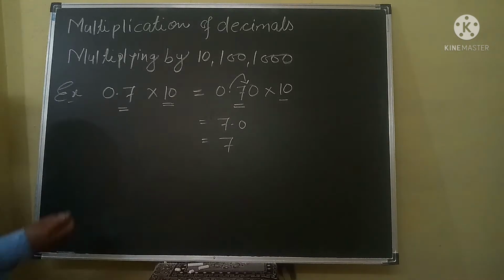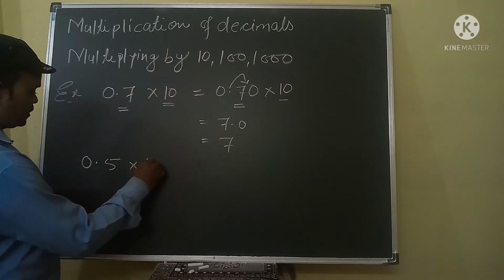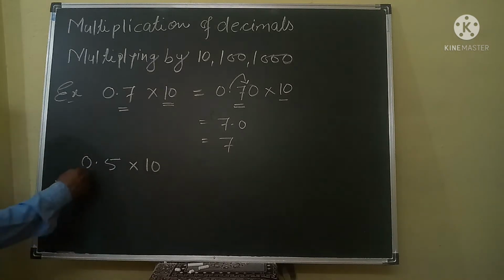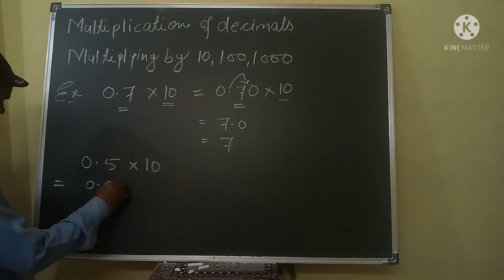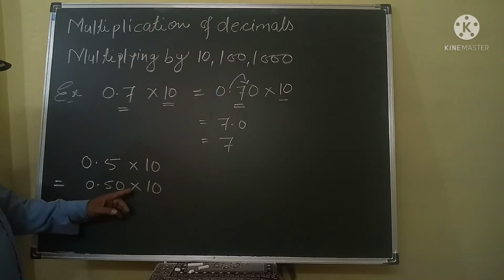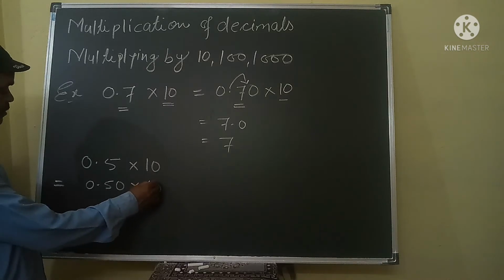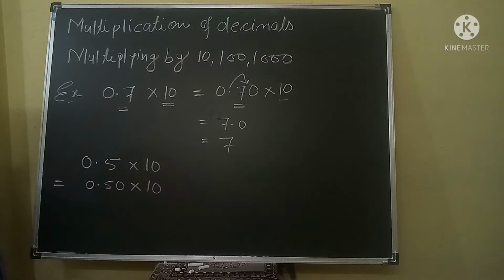Just I will give one more example. Suppose this is 0.5. 0.5 into 10. So what we will do? This is 0.5. 0.5 we can write here as 0.50 into 10. Okay, and now look here, in 10 the number of 0 is 1. So what we will do?